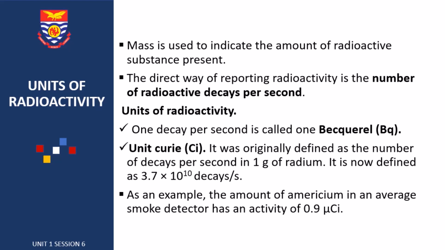A typical example indicating how radioactivity is recorded is the amount of americium in an average smoke detector. It can be reported at 0.9 microcurie.